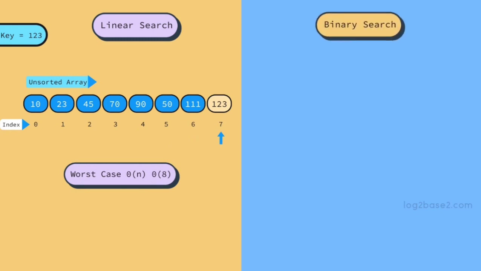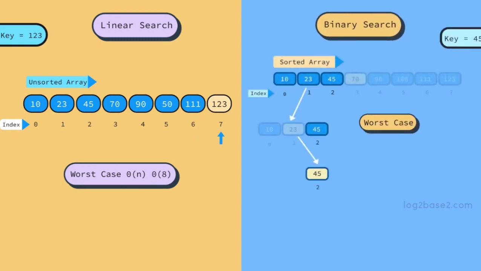And in binary search, the worst case time complexity is order of log n, that is order of log 8, which can be written as log 2 raised to 3. And it can be written as 3 into log 2 base 2, and the value of log 2 base 2 is equal to 1. So 3 into 1 equal to 3. And for an array of 8 elements, linear search takes 8 iterations but binary search takes only 3 iterations. So that is how binary search is much more efficient than linear search.